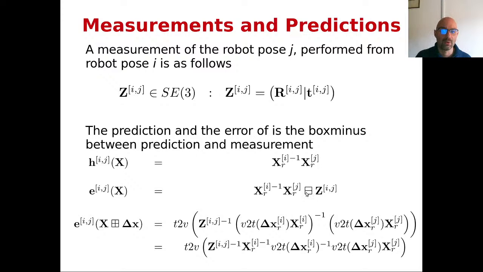Now, remember how we define the box minus. To be coherent with the box plus, we could calculate the box minus just by taking two transformation matrices, the one which is subtracted from the other, inverting zij, and multiplying it by the prediction.